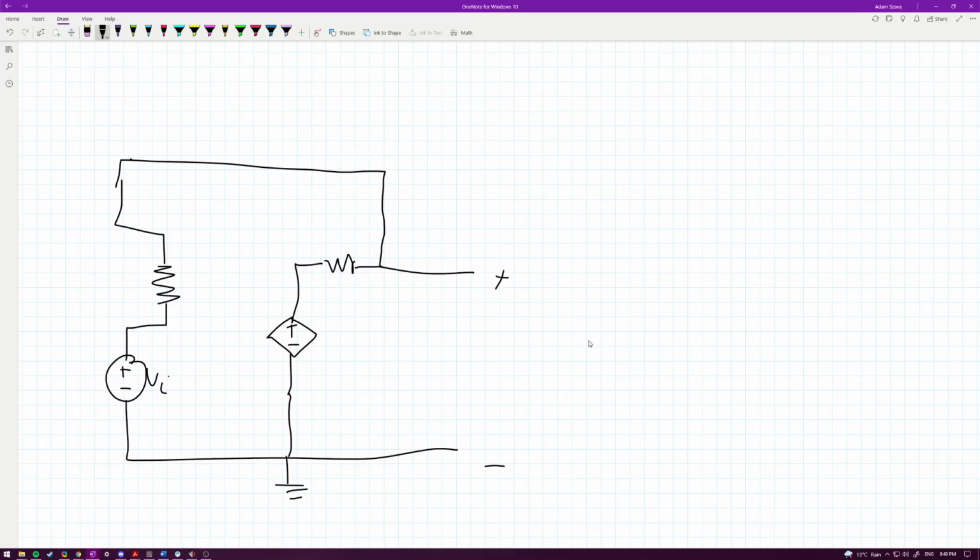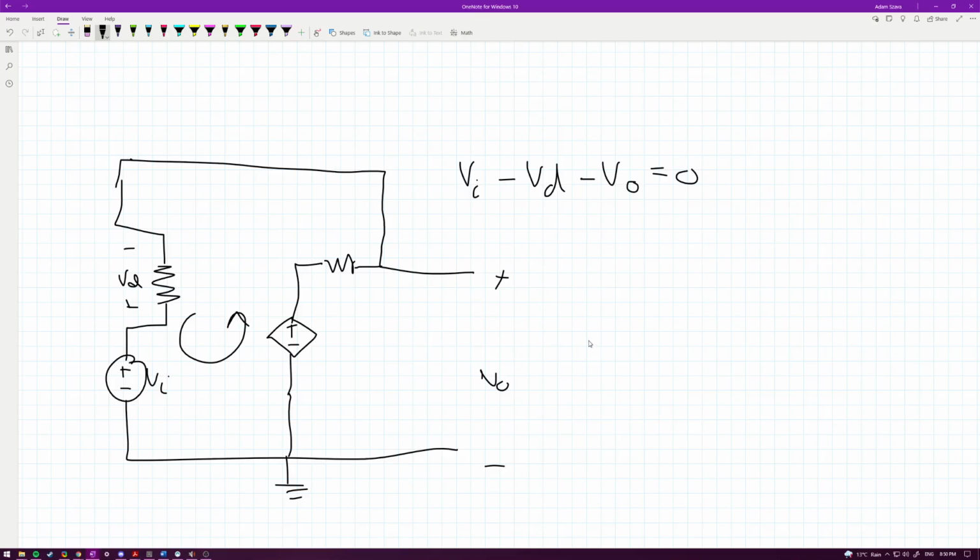So this is VO, this is VD, that's VI. So then he does KVL, he gets VI minus VD minus VO equals 0. So he's doing it essentially that way, right?